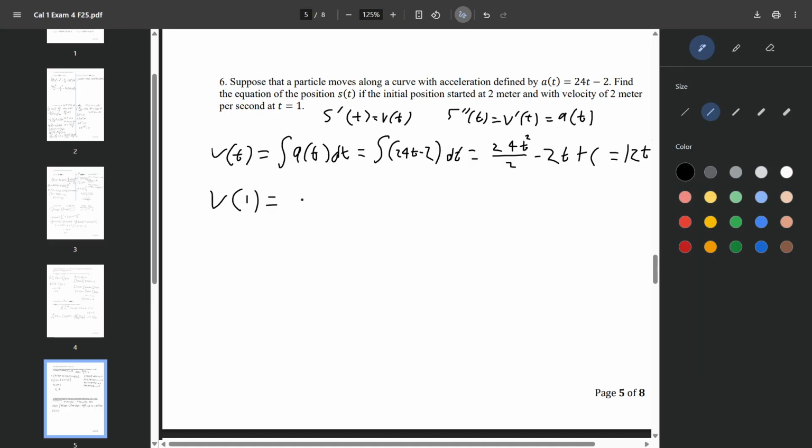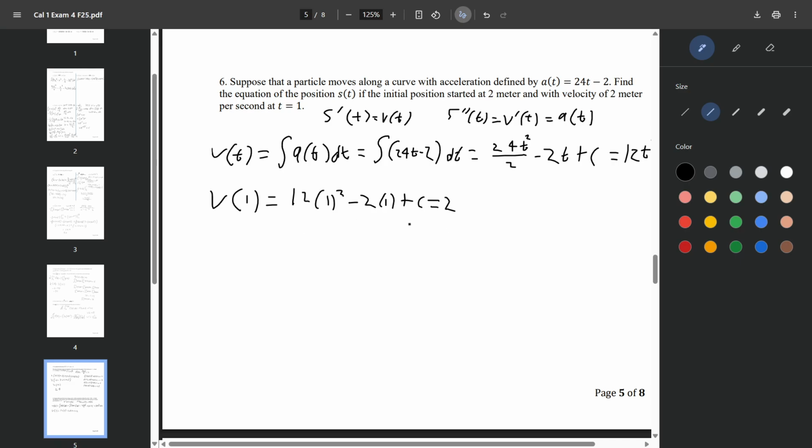So we'll have 12 times 1 squared minus 2 times 1 plus c equals 2.